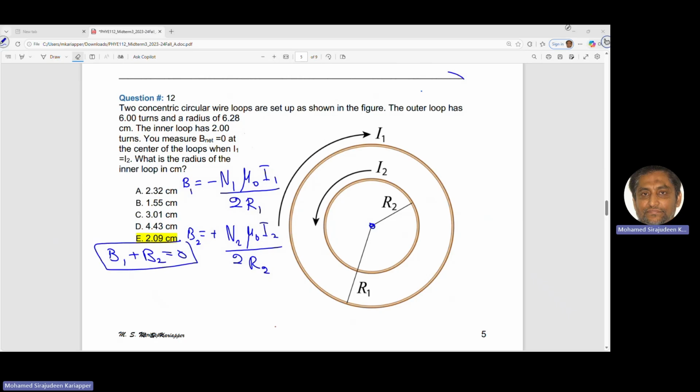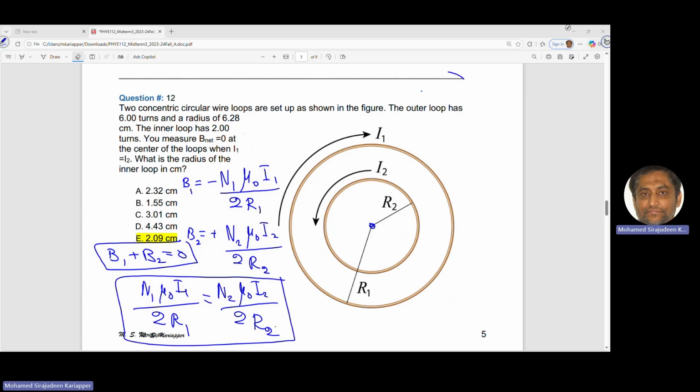Net field is 0. That means N1 mu 0 I1 divided by 2R1 is equal to N2 mu 0 I2 divided by 2R2. That's it. In this equation, mu 0 will cancel anyway. You don't have to substitute that even. The only unknown is R2.